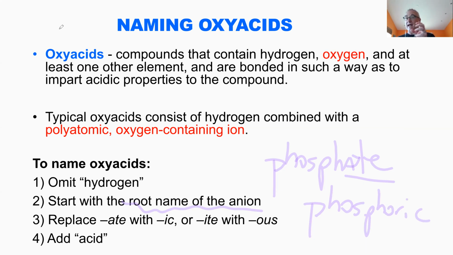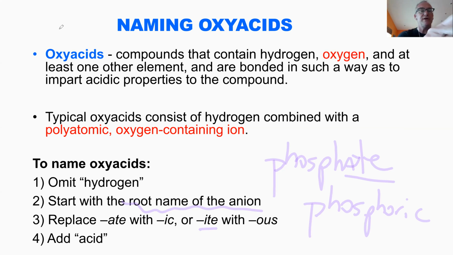And phosphoric acid is actually the acid that's in Coca-Cola to give it that fizzy taste, the slightly acidic flavor. So that one's not particularly dangerous. If you have ite, like chlorite, you would say chlorous acid. Then you put acid at the end to tell us it's an acid.